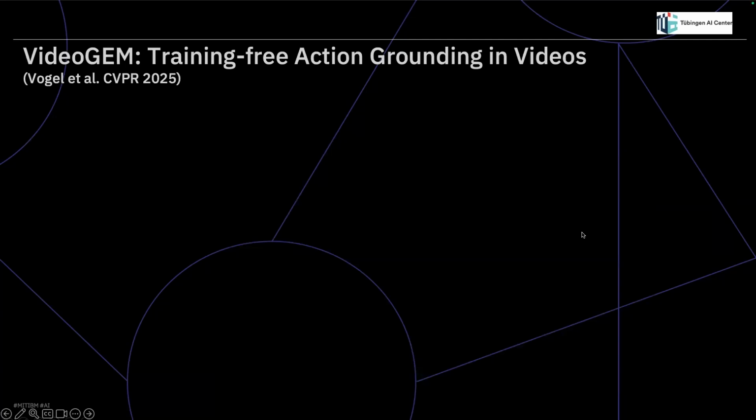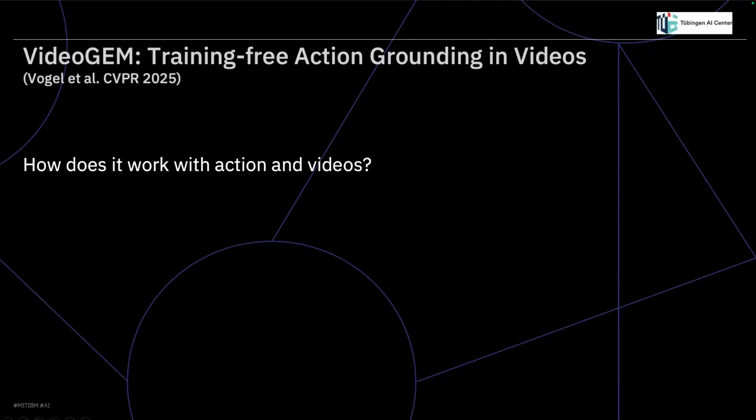This is now a paper that will appear at CVPR in two to three weeks from now. It takes this idea and asks whether it also works with actions and video. This sounds a bit straightforward at first, but it's actually related to the problem that I told you about, because actions, the way we have them in datasets, are usually labeled as verbs and objects, like, for example, pour milk, whisk egg, change tire, or saw wood.